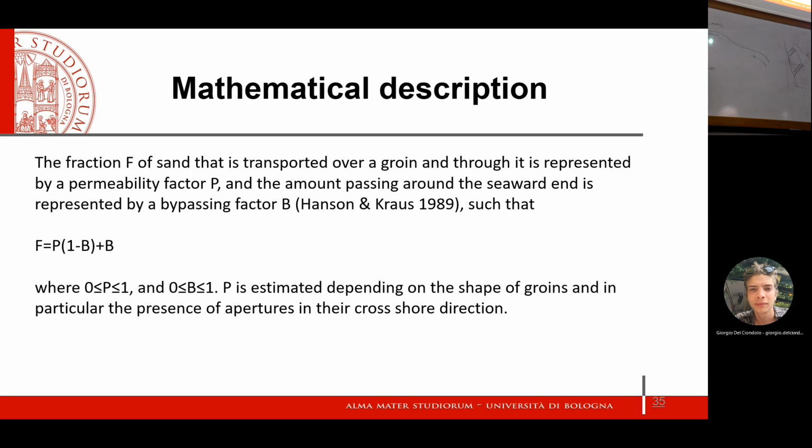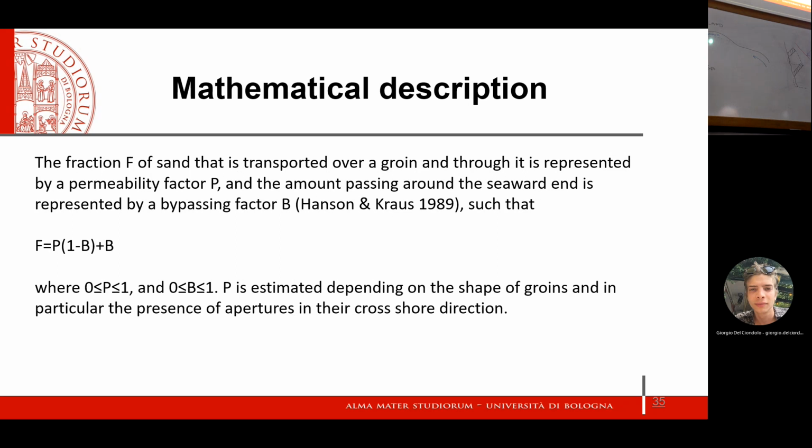I think that, let's say, the fraction of sand that is transported through a groin is represented by a permeability factor, and the amount passing around the seaward end is represented by a bypassing factor. So I don't think over means overpassing here, because permeability is not related to overpassing.